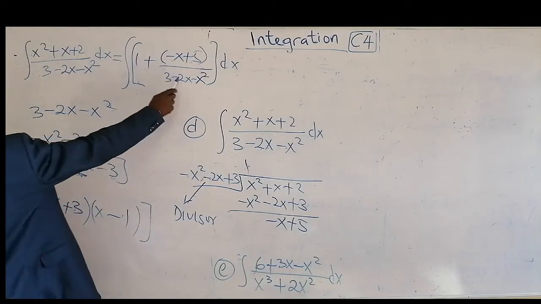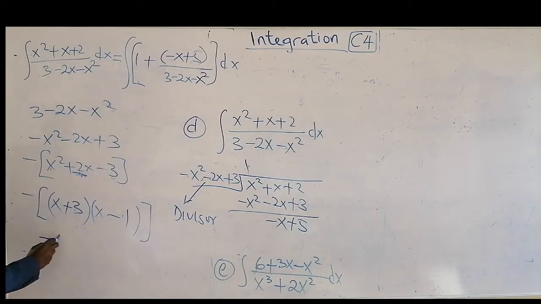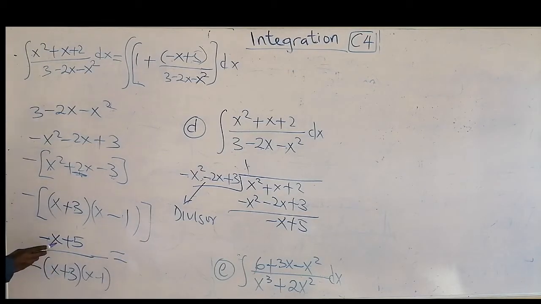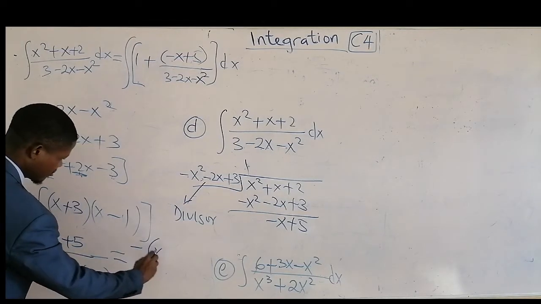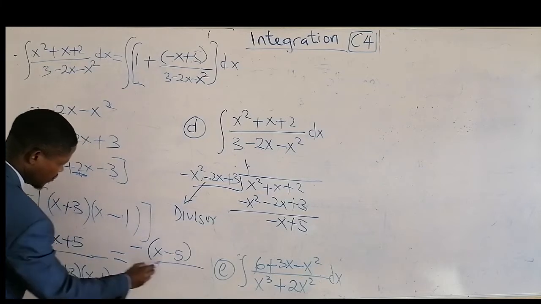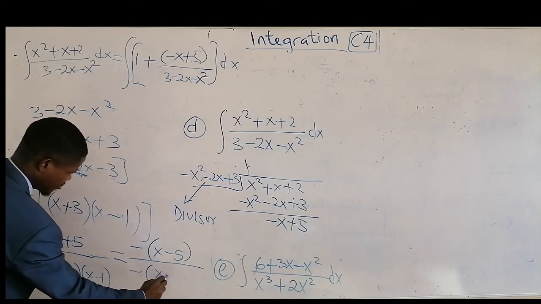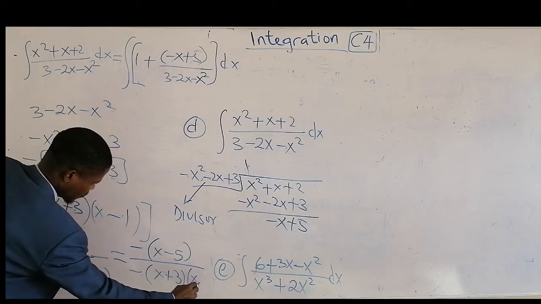So this one now will become minus x plus 5 over minus, x plus 3, x minus 1. And we can also factorize the negative here. Take the negative outside. If you do that, you're going to have minus into bracket x minus 5 all over minus, x plus 3, x minus 1.